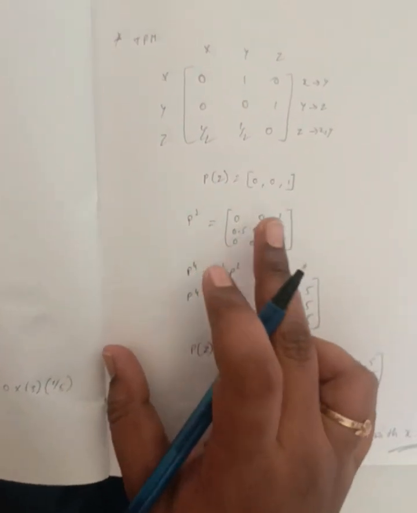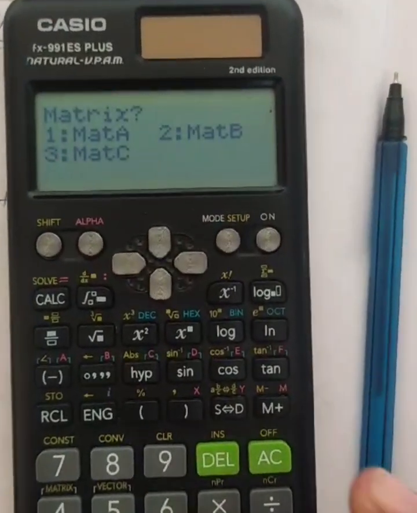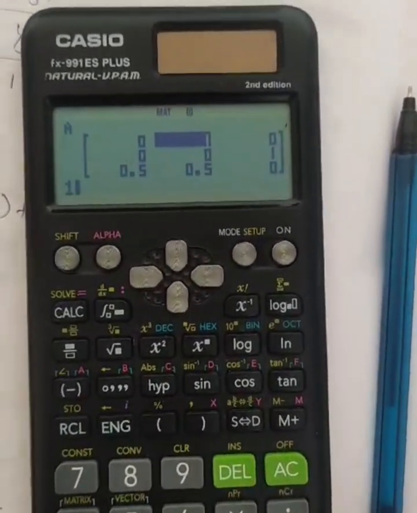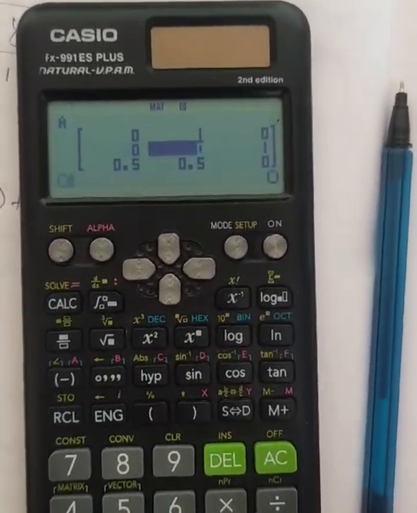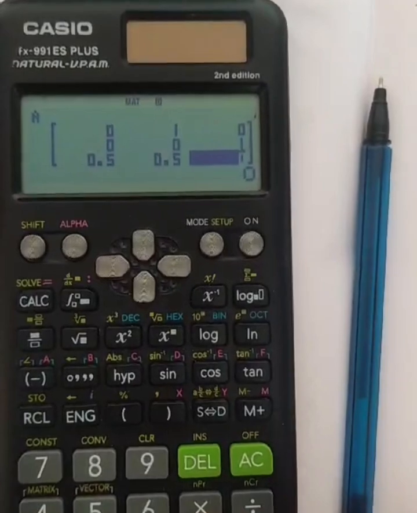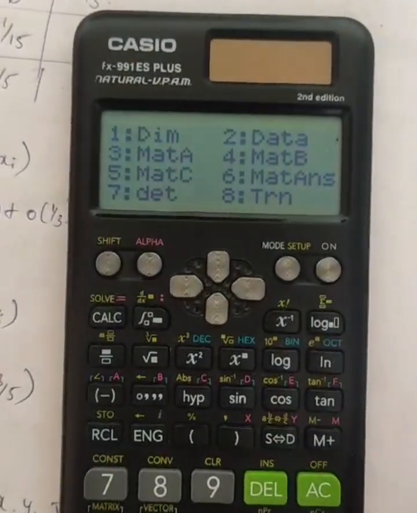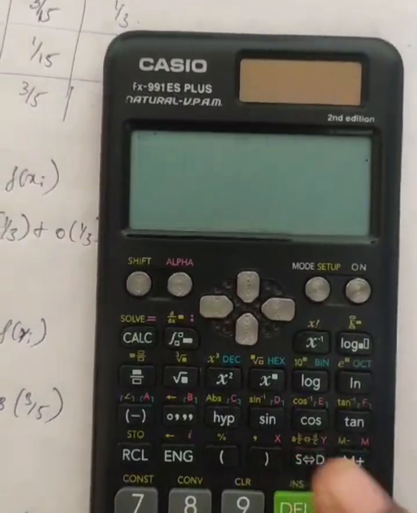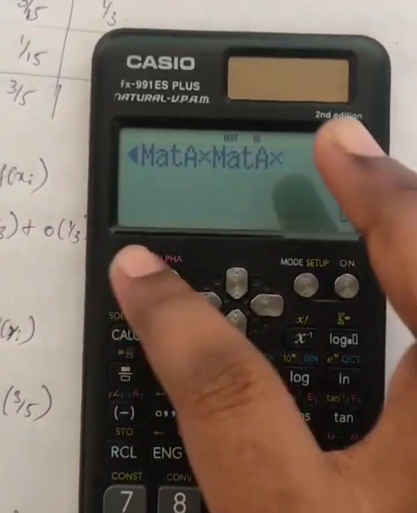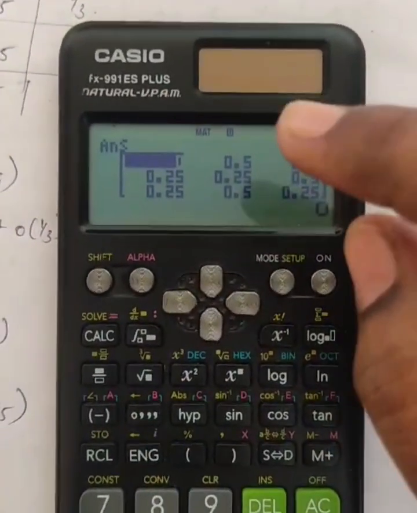I show this in the calculator multiplication. Mode 6, enter the matrix A. Then shift 4 3, and so on, which gives the direct answer for P power 4.